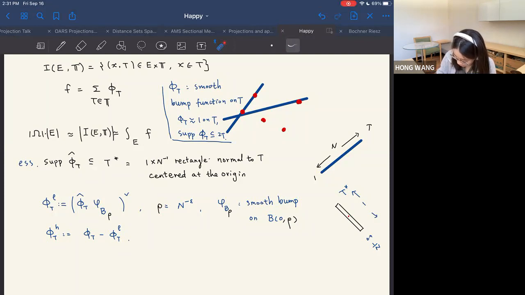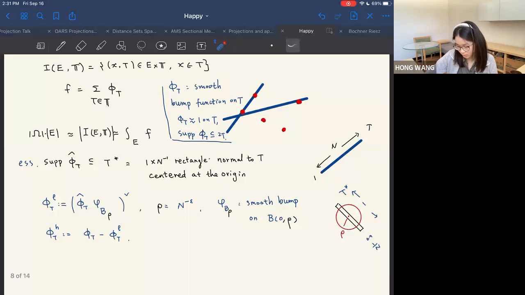Then let phi_rho be a smooth bump function on a ball of radius rho, centered at the origin. The low frequency part is the Fourier transform of phi_T times the smooth bump function on the small ball centered at the origin, and then we take the inverse Fourier transform. And the high frequency part is phi_T minus the low frequency part.